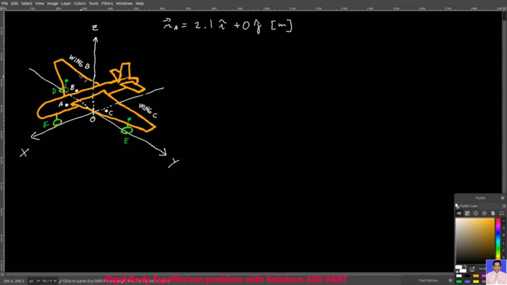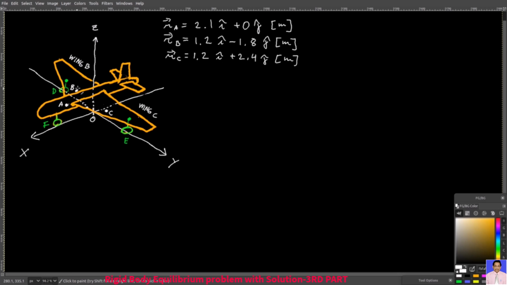Then this thing here is wing B, and its center of gravity is this point B, and so the position vector of this point from point O is this one. Then this is wing C, its center of gravity is point C, and so this is the position vector.